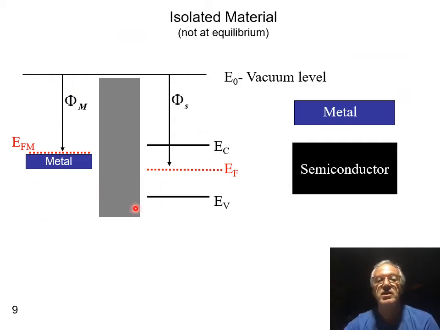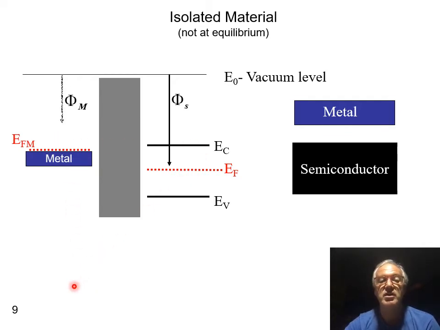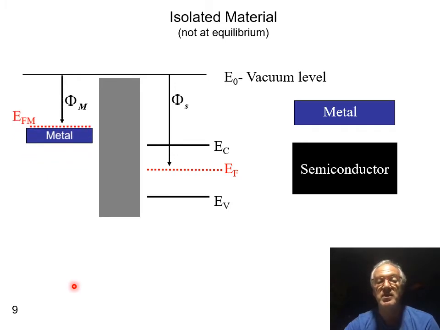So let's look at this picture again. Again, we have here the metal, we have the semiconductor. There is something in between that separates them. And we've already seen what will happen in this case, but now we want to ask ourselves what will happen if the metal work function is outside the semiconductor band gap. What would happen?